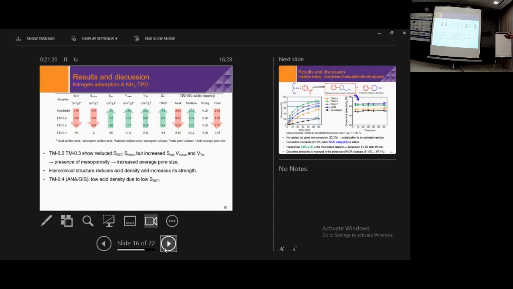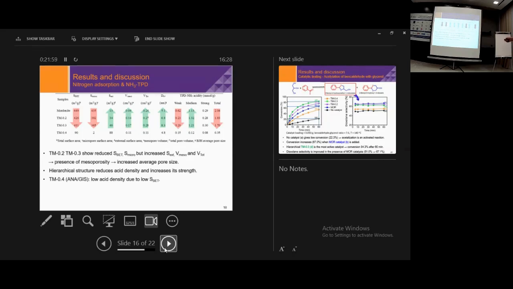The nitrogen adsorption data is further analyzed to obtain several parameters like specific surface area, micropore surface area, external surface area, mesopore volume, total pore volume, and also average pore size. We can see the pure mordenite zeolite has these values. If we introduce OTMS, TM 0.2 and 0.3, the surface area reduces, and the micropore surface area does the same.